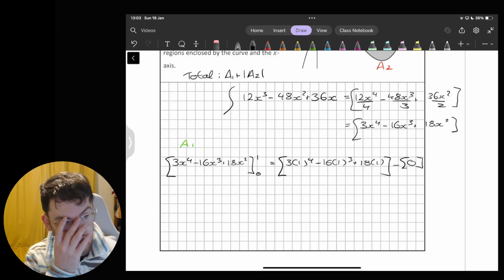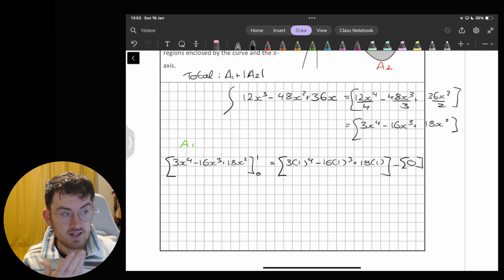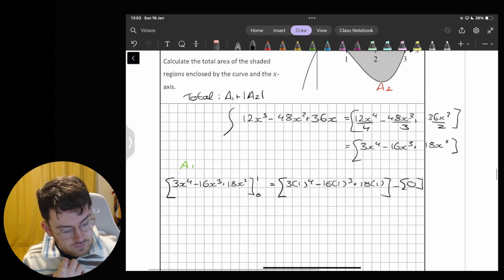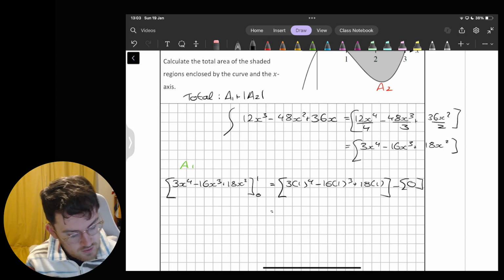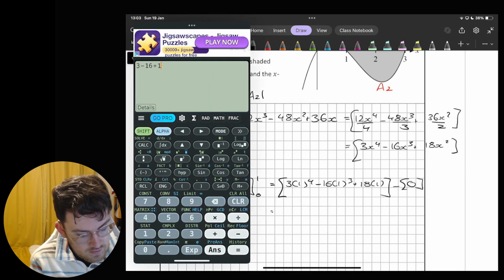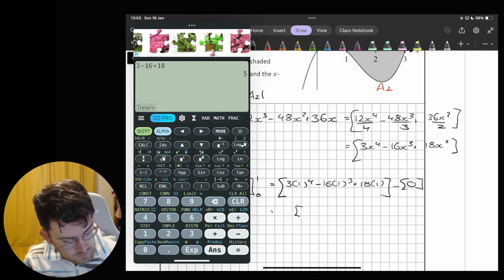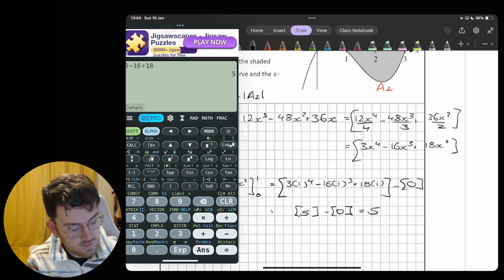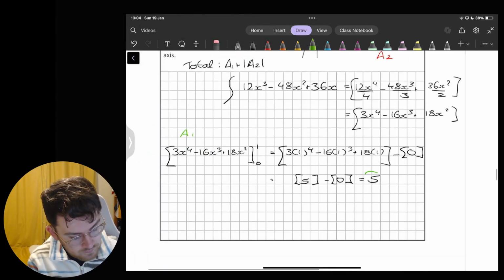If we want to just make that assumption straight away, really that's just going to end up as 0. So let's fill in these other values. That's 3 times 1 minus 16 plus 18, and that's going to be 5. So 5 minus 0 gives me an answer of 5 for area 1 here.